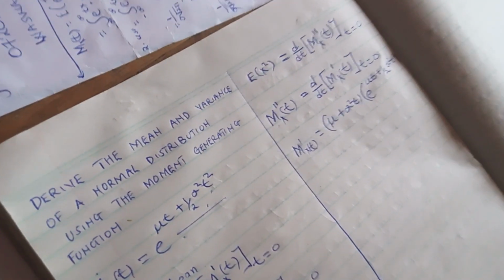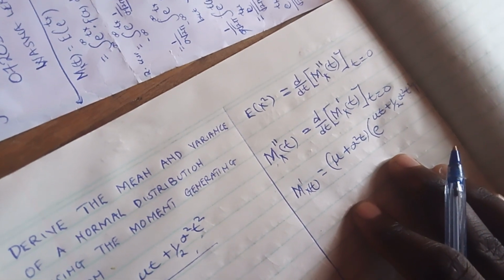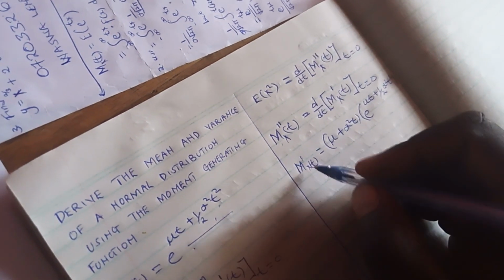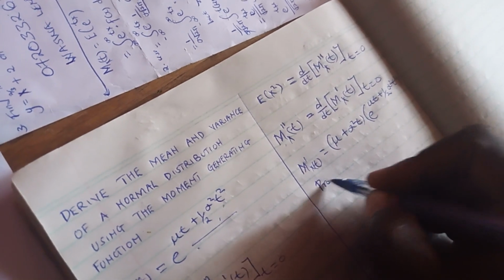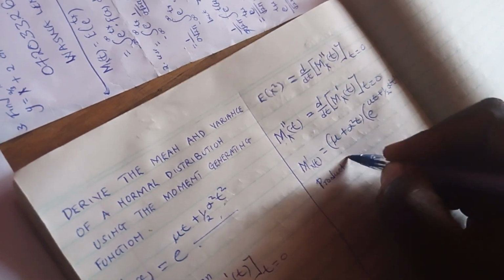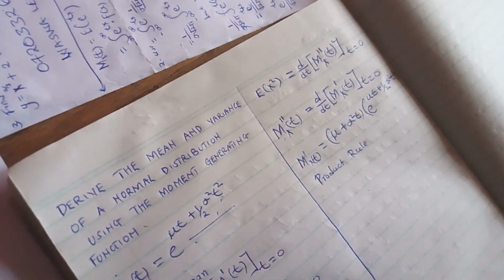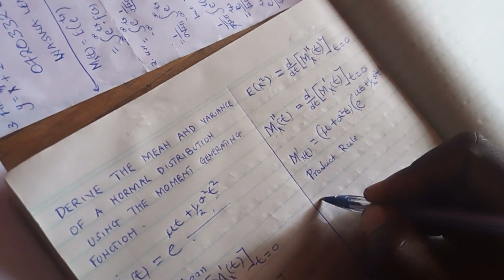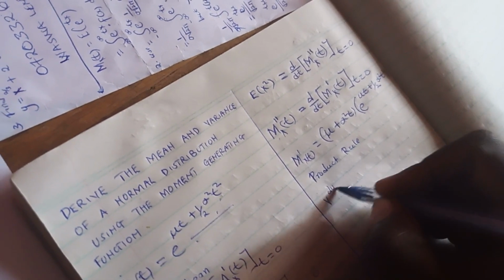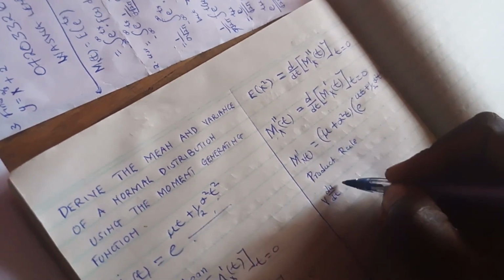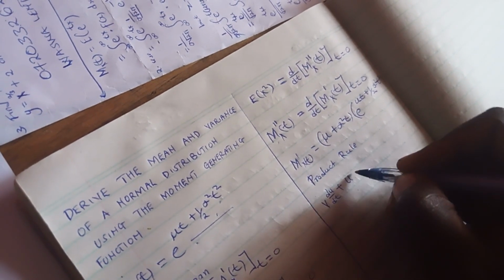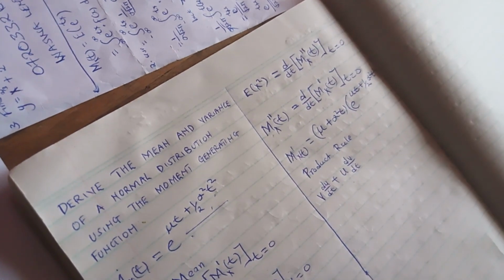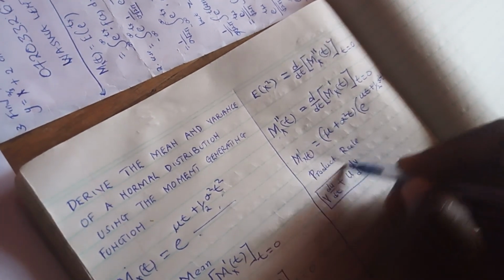Are we getting it? Then what to do is we are going to use the product rule. The product rule says v du over dt plus u dv over dt. That's now the product rule general equation.